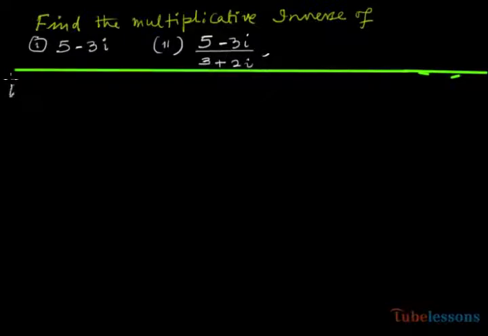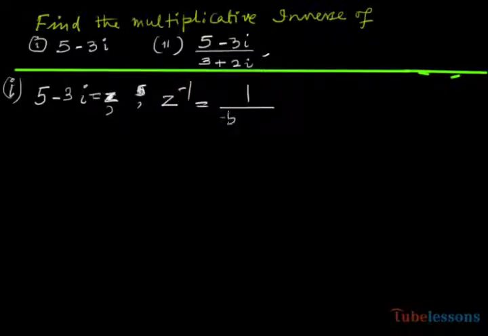So first one, this is our Z: 5 minus 3i.